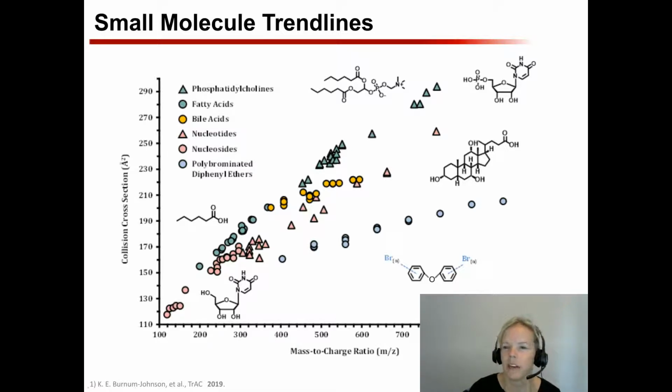But we really noticed that our xenobiotics, such as our polybrominated diphenyl ethers, had a very low slope, and it was even lower than our very ring-based biomolecules, which we thought was very interesting, as now we've added halogens to our aromatic rings, and we're seeing completely different slopes.